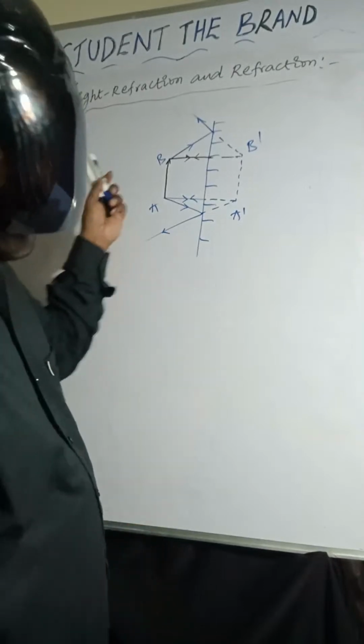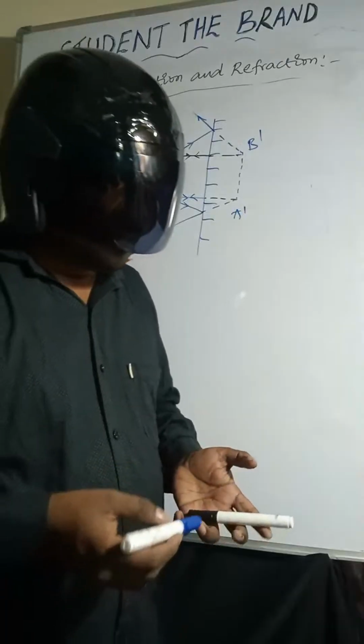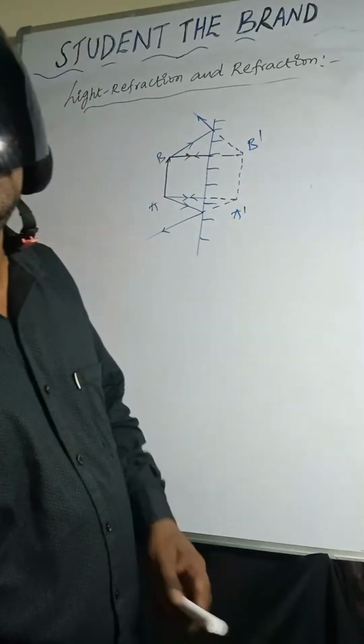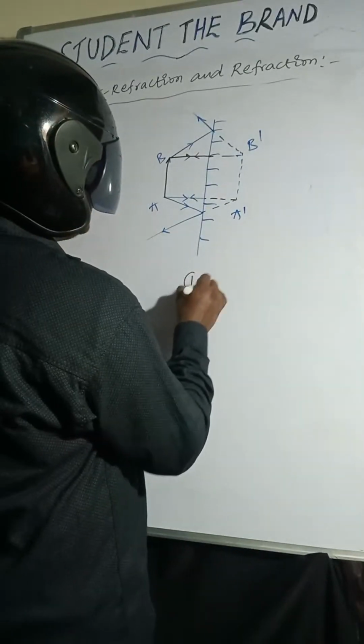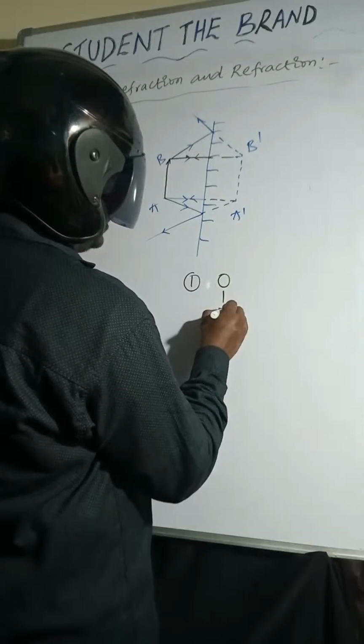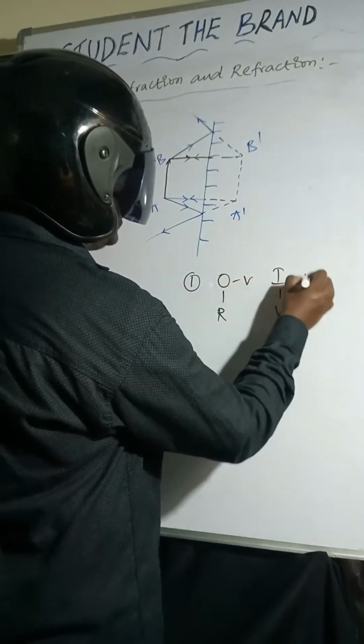So by seeing this one we can conclude that the first point is object is real, image is virtual. Object is virtual, image is real.